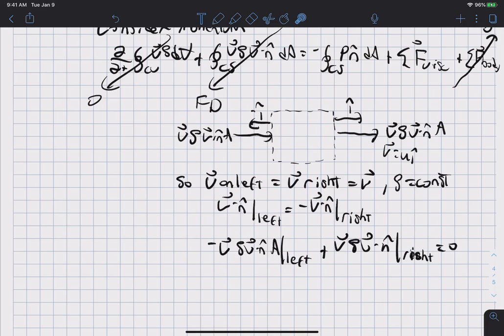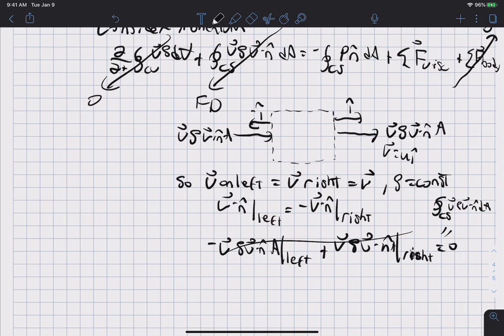That's because the areas are the same on either of these faces. V is the same, rho is the same, and the magnitude of v dot n hat is the same, and I've taken the sign into account here. So these basically just cancel out, and this equals the surface integral of rho v dot n hat dA.